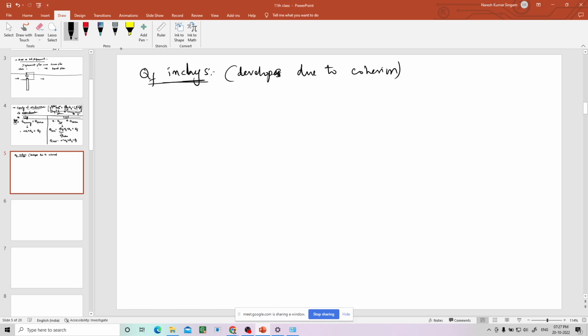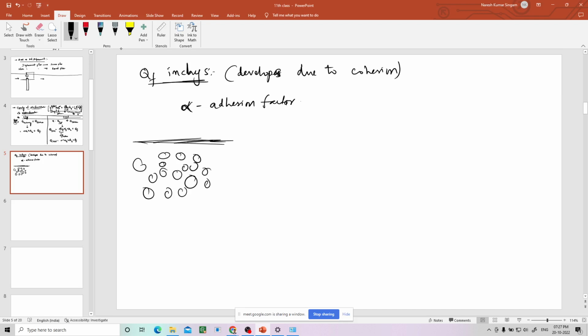So there will be an adhesion factor which is denoted by alpha. Suppose you take clay, here clay particles. Now these clay particles move or roll one over each other. That's how the frictional resistance develops. Coming to the clays, the friction also will develop due to the cohesion.